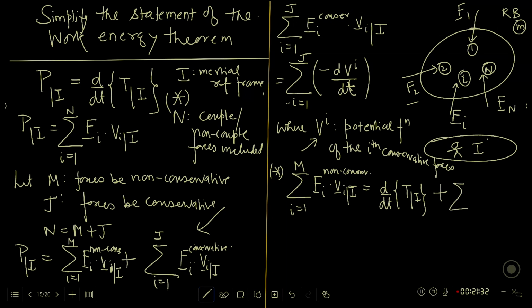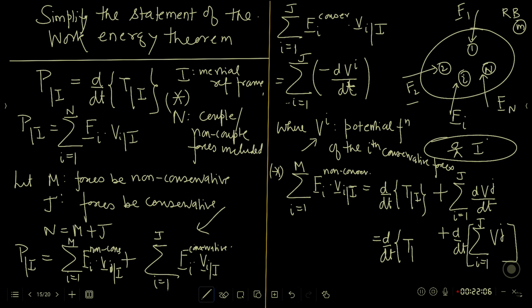The minus sign will become plus, right? I can take this time derivative outside of this group and inside I get simply the summation of all the potential functions, right? And this is the work done.